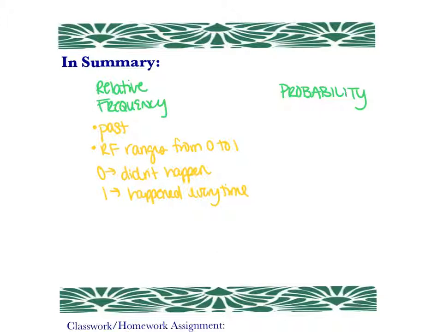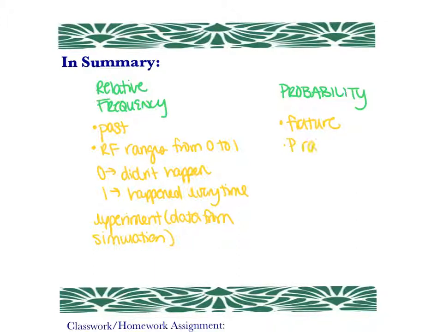And these things happened in an experiment. You've got data from usually a simulation that you're working with, that you're using to determine these relative frequencies. Whereas probability is coming from an event that's going to happen in the future.